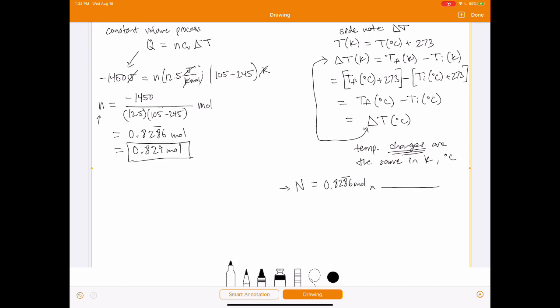And we use Avogadro's number to convert that to a number of particles, because by definition, every mole has 6.022 times 10 to the 23rd particles. So what does that work out to? About 4.989 times 10 to the 23, or to 3 sig figs, 4.99 times 10 to the 23. So that's how many particles or atoms that we have.